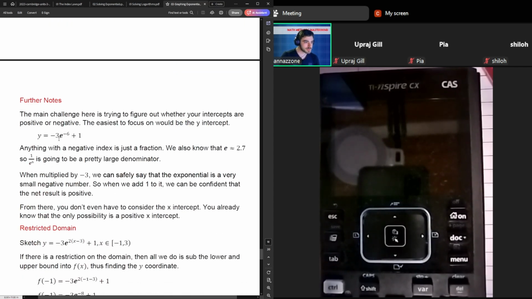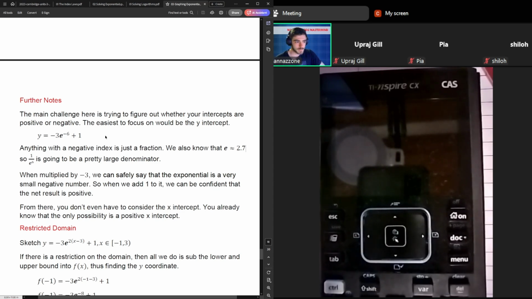So what do we do? Well, we know that e is approximately 2.7. This is something where it now starts to matter to know what e is approximately. When you have a power of -6, that's the same thing as saying 1 divided by e to the power of 6. Or in this case, it'd be -3 divided by e to the power of 6. So e being 2.7 with a positive index, when it's in the denominator, makes that a pretty large denominator. Even if you just round this to 2, you've got 2 to the power of 6.